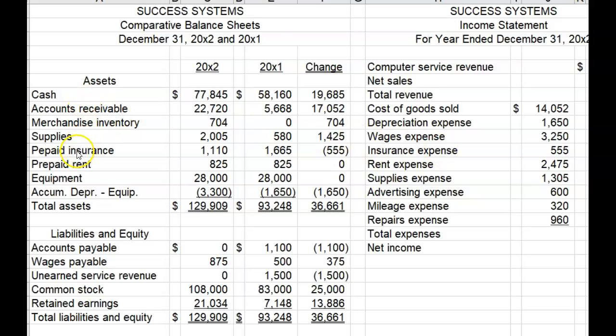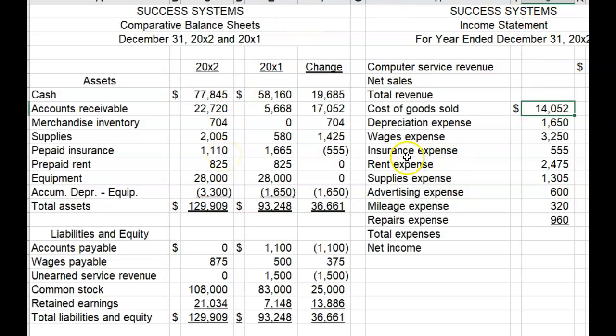And we do have prepaid insurance as an asset, and we do not have any liabilities that relate to insurance. So we need one T account. It's prepaid insurance. The beginning balance is $1,665 debit, and the ending balance is $1,110 debit.